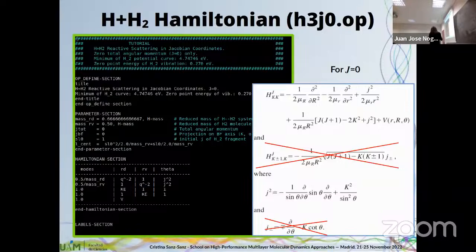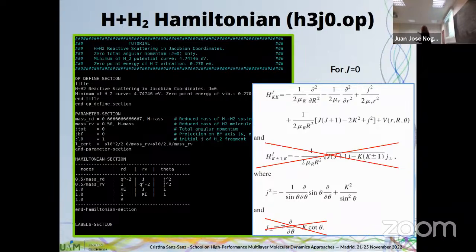And on Quantics or MCTDH, it doesn't matter the package that you use, you always have different sections, okay? Each section has to be started by its section name and finished with end-section.